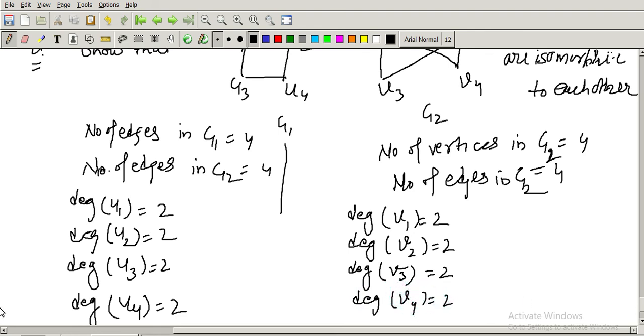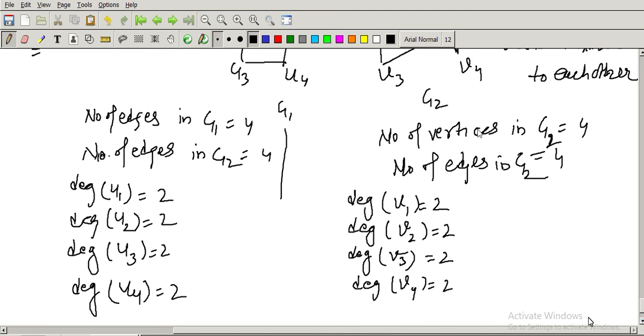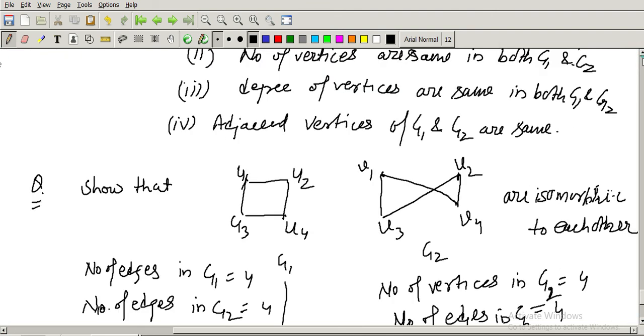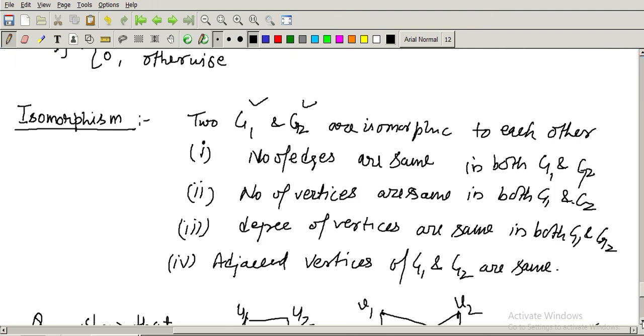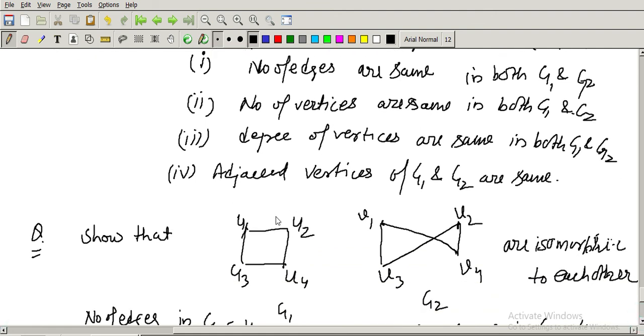And the last is the adjacent vertices are of the same degree, right? So here we can see the adjacent degrees. If I say this adjacent degree, right? So these are the same thing.